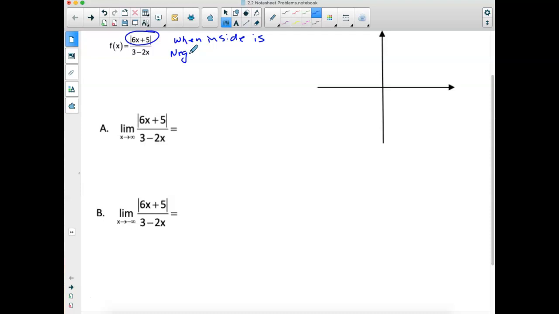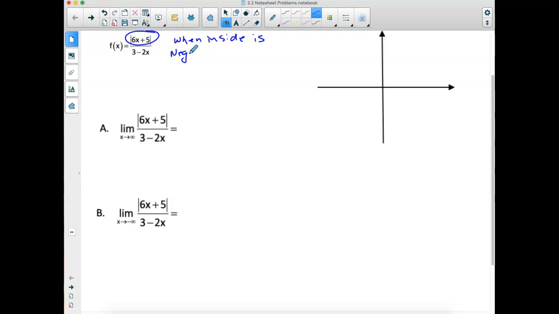And I can tell the inside is going to be negative as soon as x is less than 5/6, which would be, I don't know, 5 divided by 6, a little bit less than 1. Anything less than that automatically turns things positive, okay? Well, what we're going to do is picture this just like a rational function.